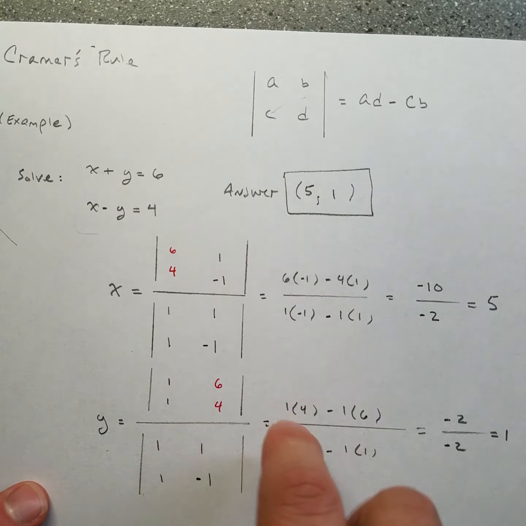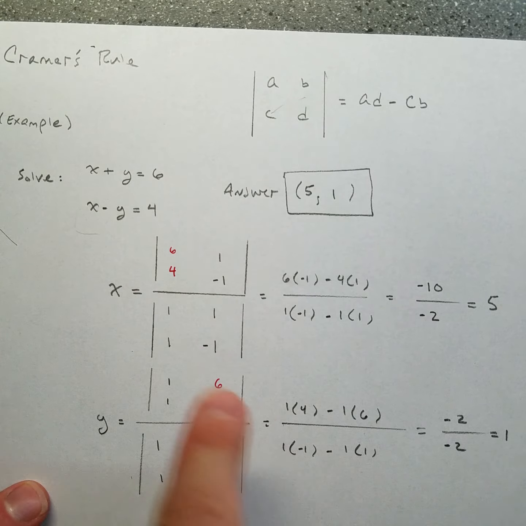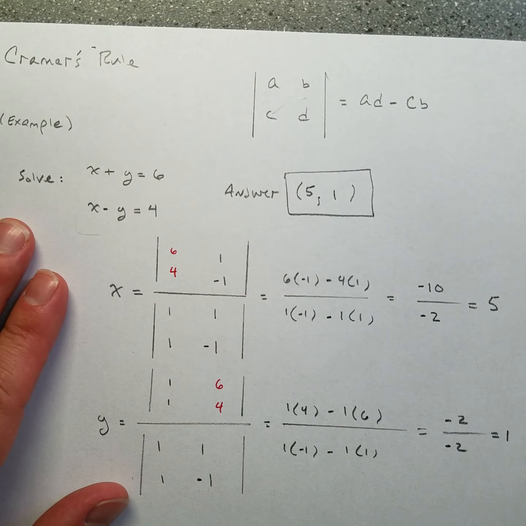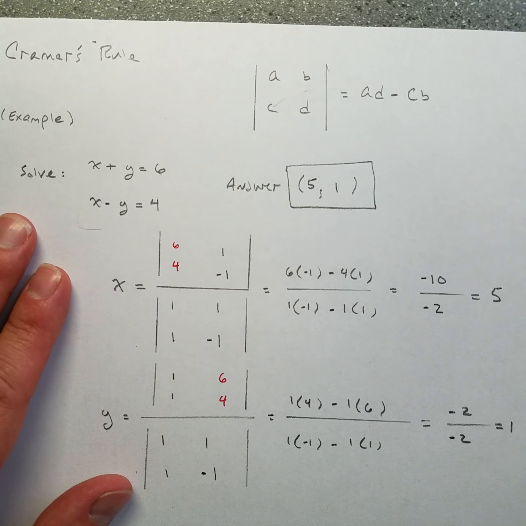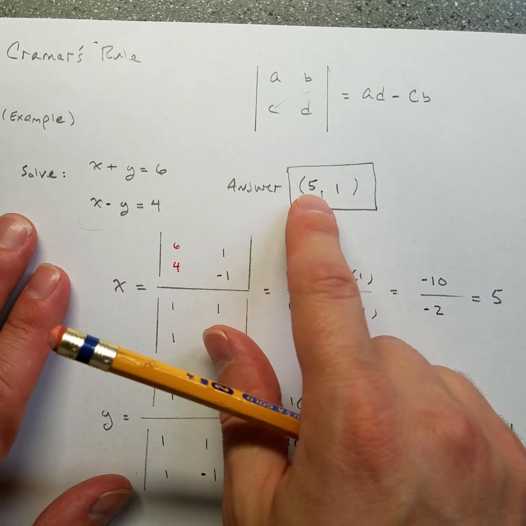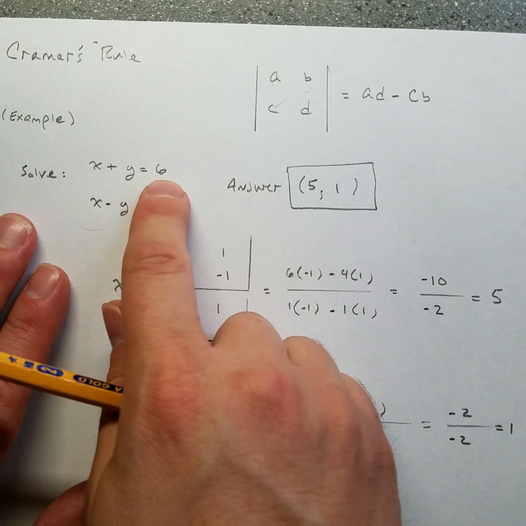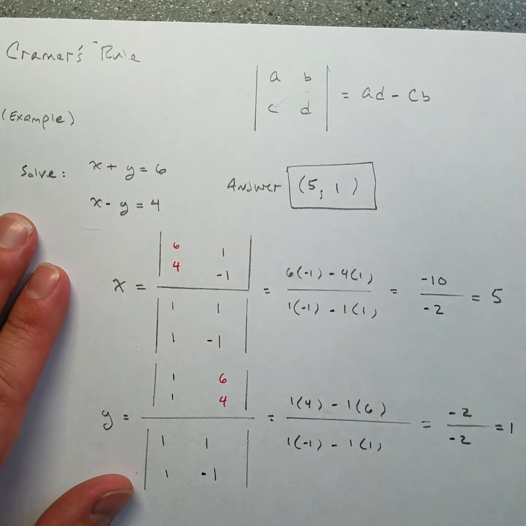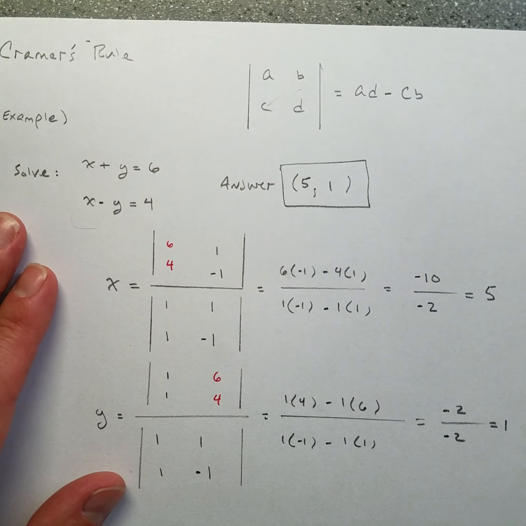Now, this seems totally different than the problem that we're given, and that's not how we learned to solve the same problem before, but let's see, does it work? Is 5 plus 1 6? Yes. And is 5 minus 1 4? Yes. So it's obviously the answer. Okay?